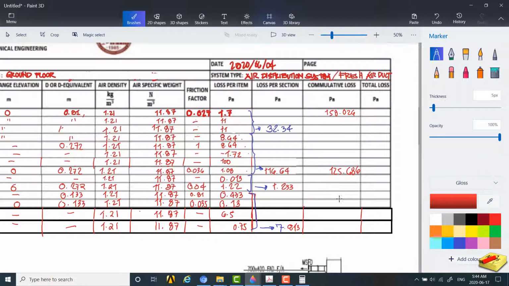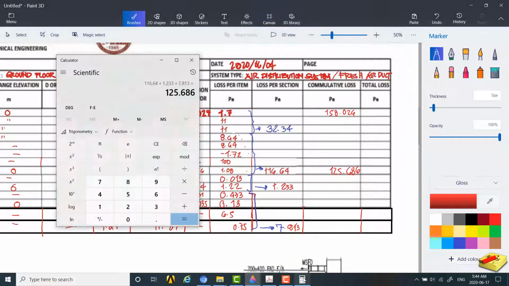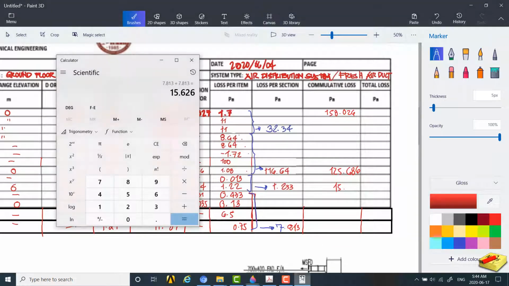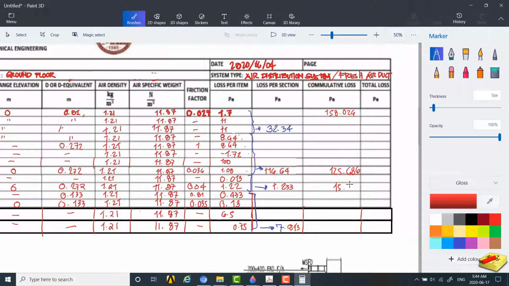Then pababa na naman, so this will be 1.233 plus 7.813. So we have 15.626.